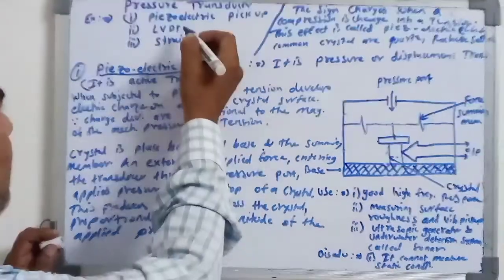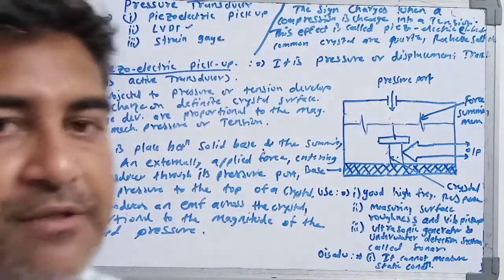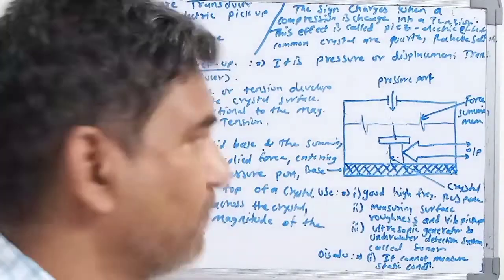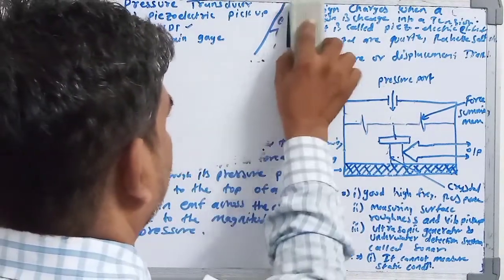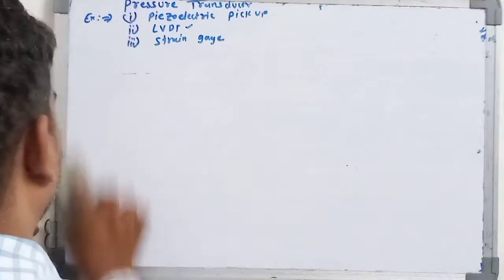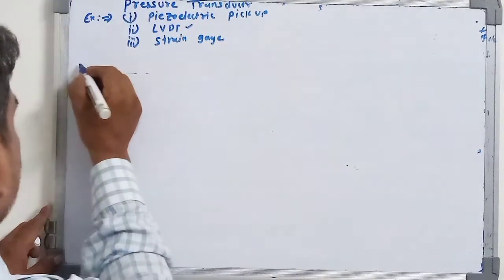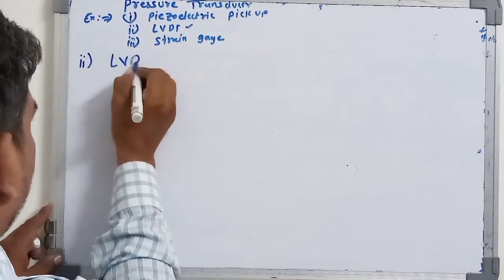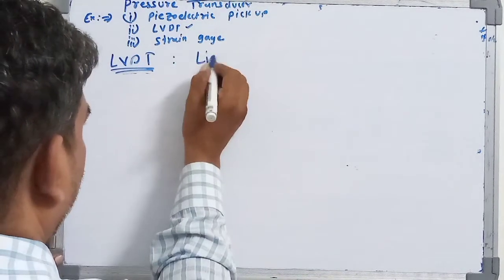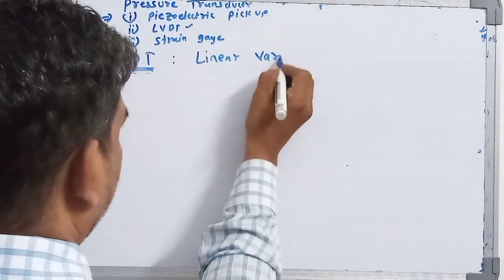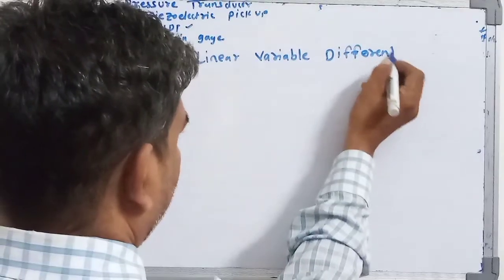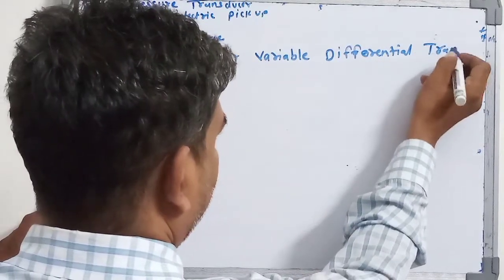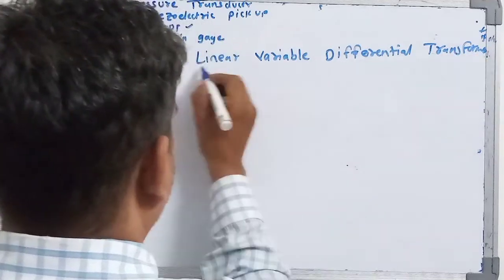Now we will go for the LVDT. LVDT is nothing but a linear variable differential transformer.